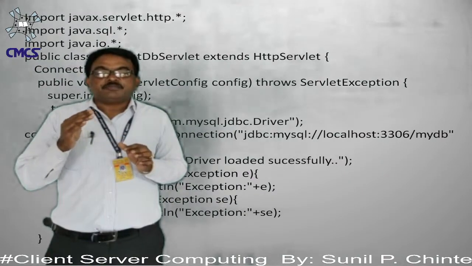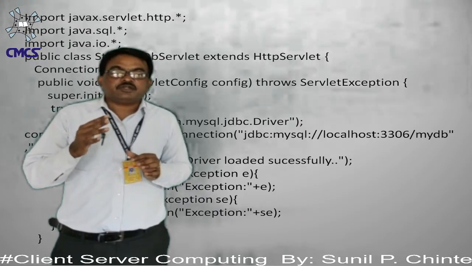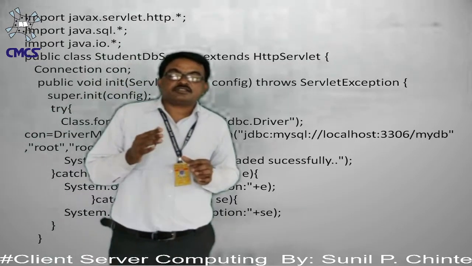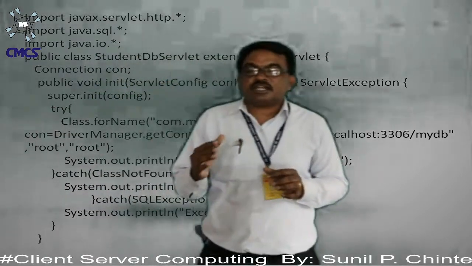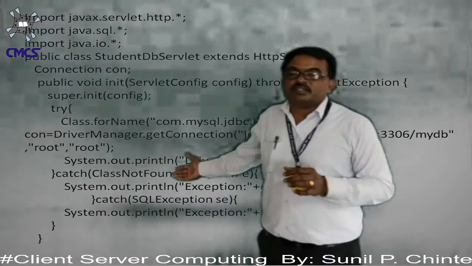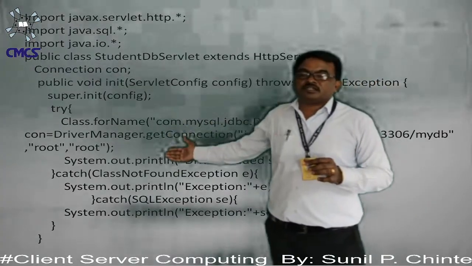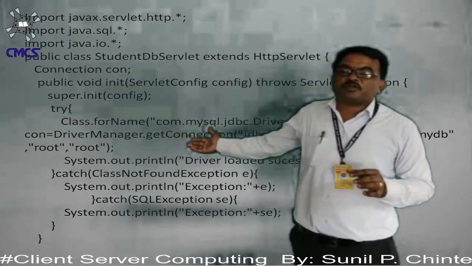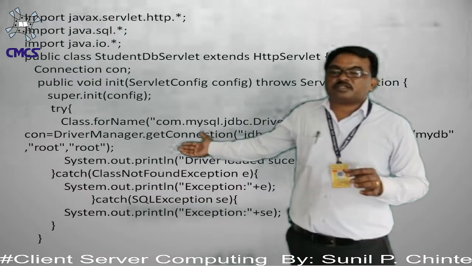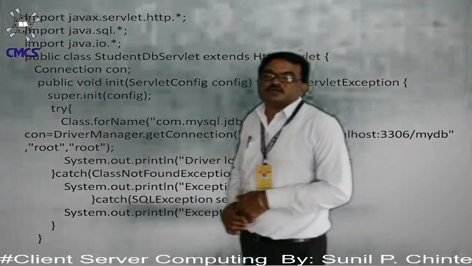Generally we use the init method to initialize the servlet, or to perform tasks like making the connection with the database. So in the init method we register the driver by using Class.forName, and we make the connection with the getConnection method.